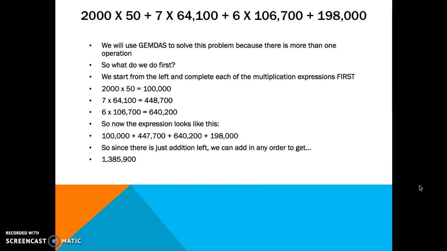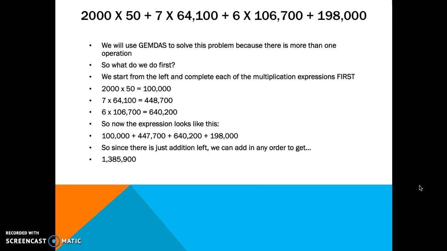So in this example here, this was our example from earlier, we're going to talk about how we'd actually solve this problem. So we need to use GEMDAS because there's more than one operation. So what do we do first? Well, we're going to start at the left and complete each of the multiplication expressions first because we always multiply and divide before we add and subtract. So starting from the left, I'm first going to solve 2,000 times 50, which is 100,000.